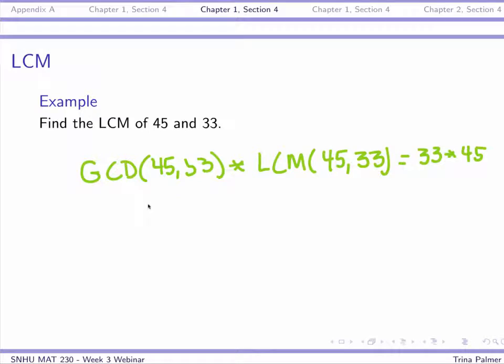So we know the GCD is 3. I'm trying to find the LCM, and then 33 times 45 is 1485. Just divide by 3 and you'll get your LCM.